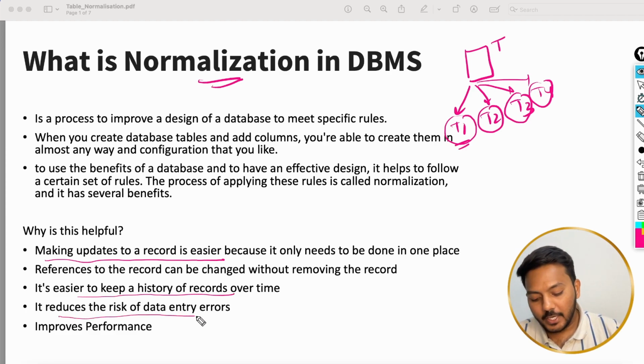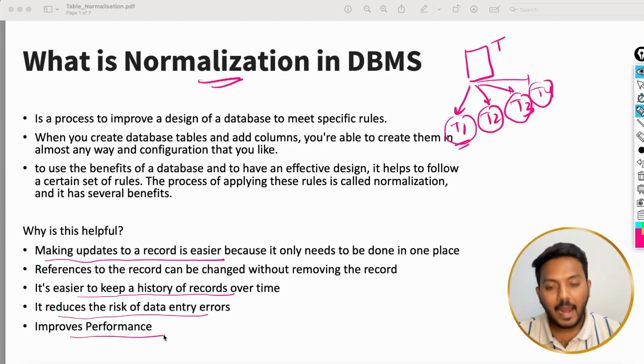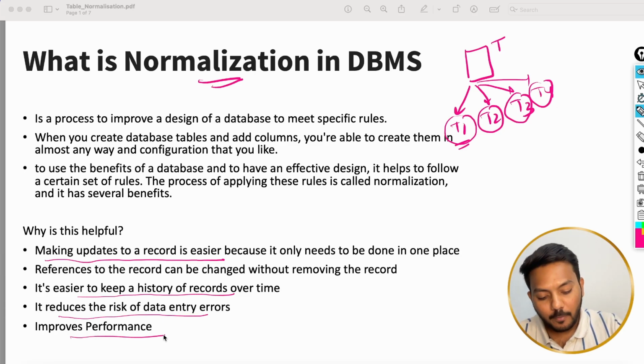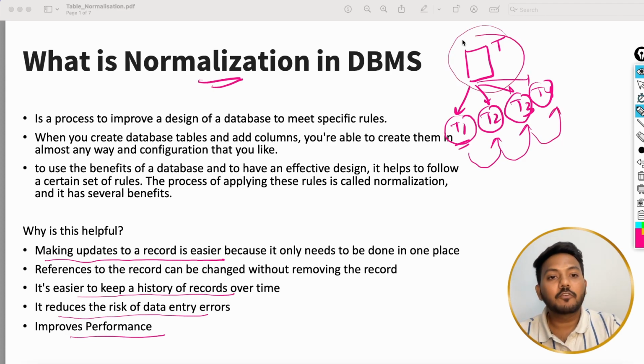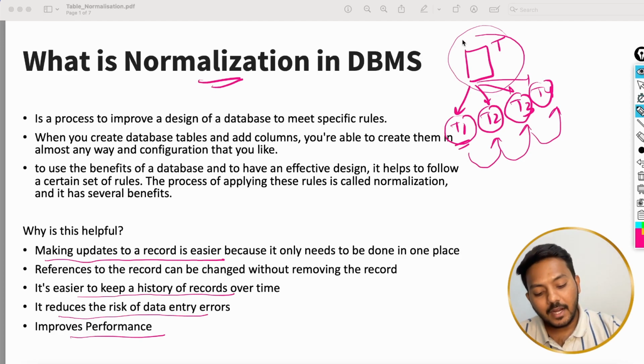It will also reduce the risk of data entry errors, and it will drastically improve your performance. One more thing is, there should be a link between all of these tables so that you can get the information of your primary table. So in this video we will understand how you can split this table into multiple tables.